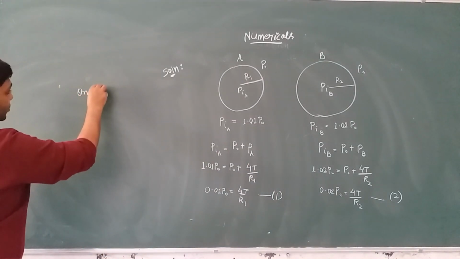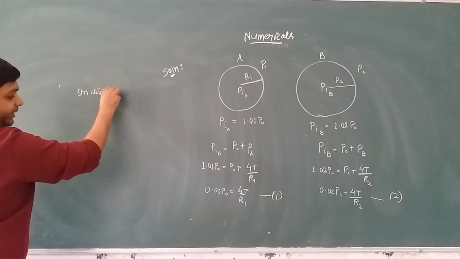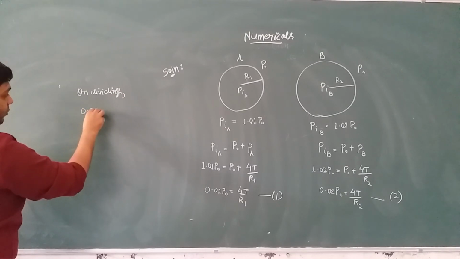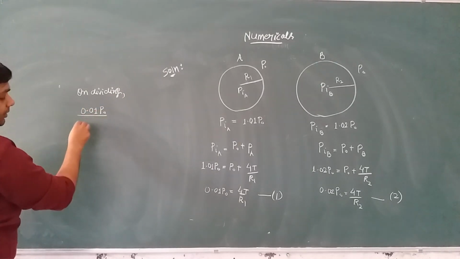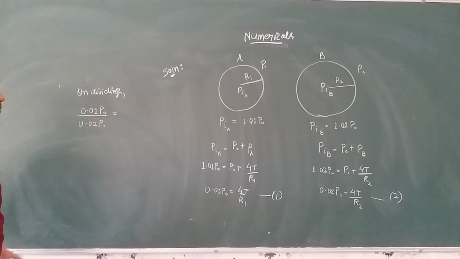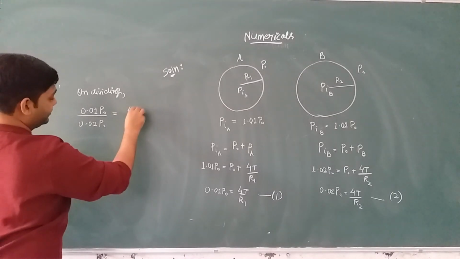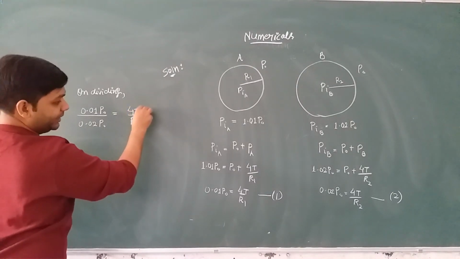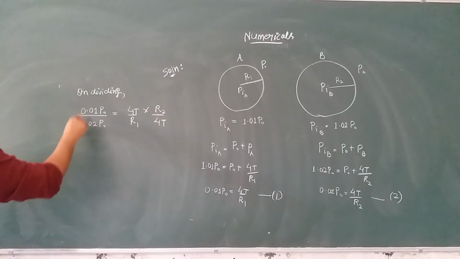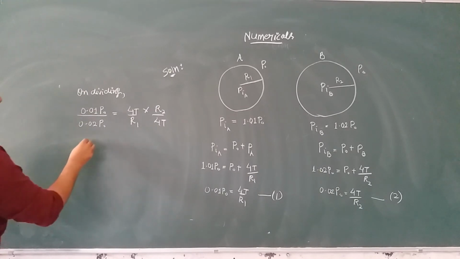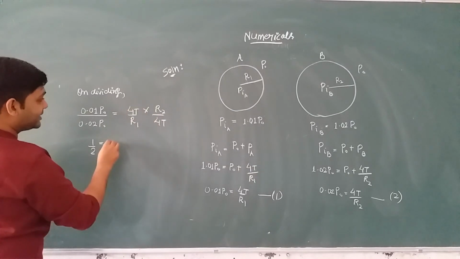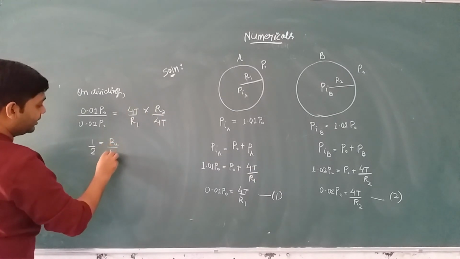On dividing 1 and 2, we get 0.01 P naught upon 0.02 P naught equal to 4T upon R1 multiplied by R2 upon 4T. Now the decimal can be removed, so we have 1 by 2, and the 4T gets cancelled out, so we have R2 upon R1.